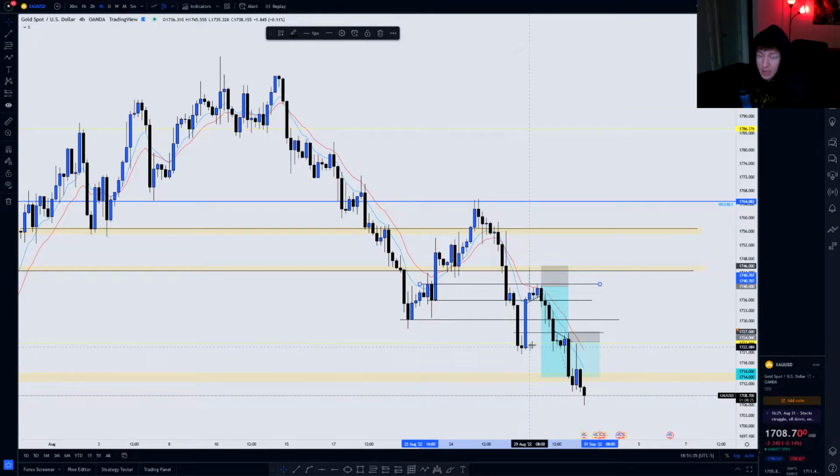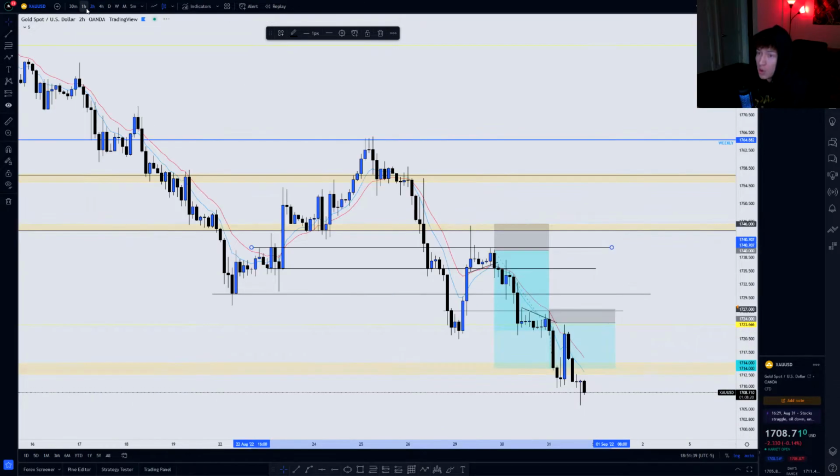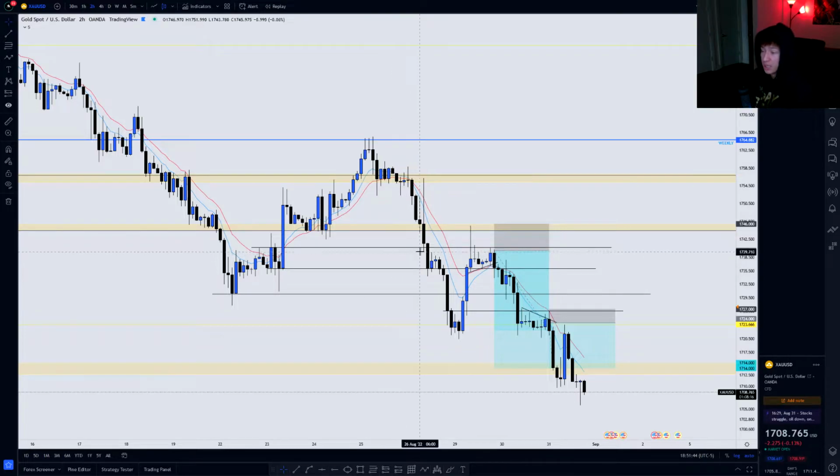I obviously didn't get in at the bottom of the 4-hour bearish engulfing candlestick because I got in on the wick, right? Why and how did I get in on the wick? Well, for one, if price were to get up into this general area of resistance in a seller's market, typically I'm going to want to be looking to sell, right?